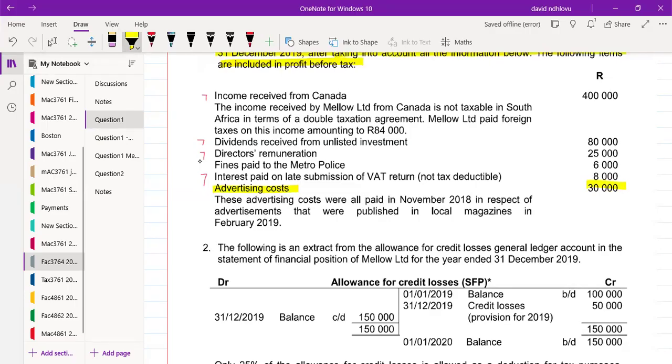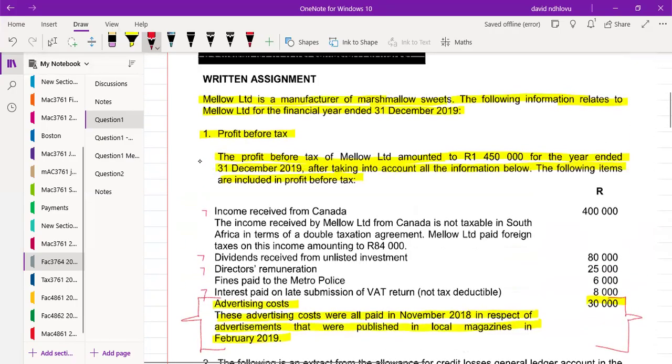30,000. What is the story? These advertising costs were paid in November 2018 in respect of advertisements that were published in local magazines in 2019. What is this in accounting? Remember, our year end is 31 December.